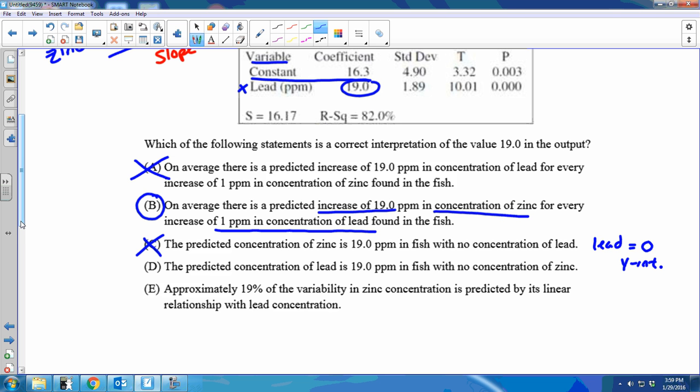Again, that has the variables flip-flopped, so that's incorrect. And E, approximately 19% of the variability in zinc concentration is predicted by its linear relationship with lead concentration. This is an interpretation of R squared, and R squared is 82%, not 19%, so E is incorrect. Be careful with your wording.